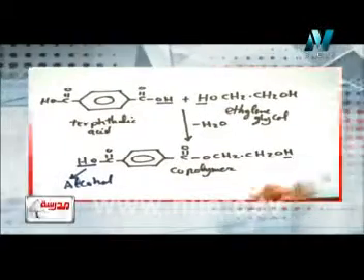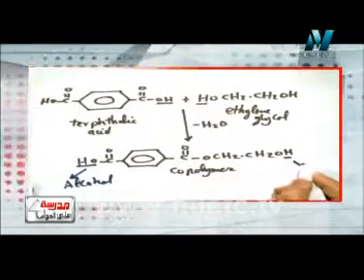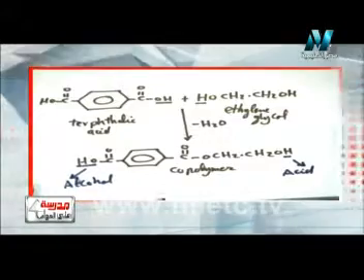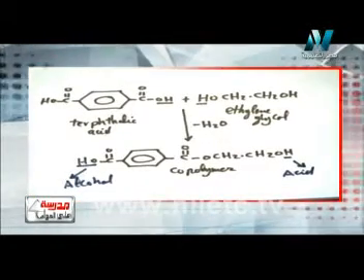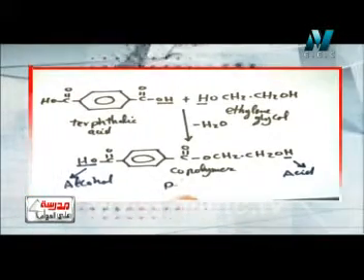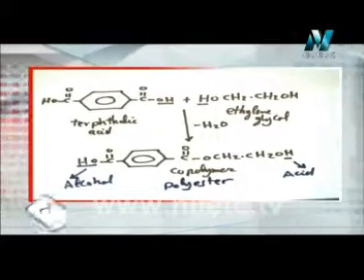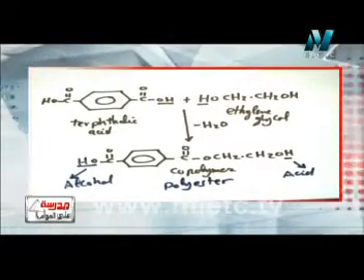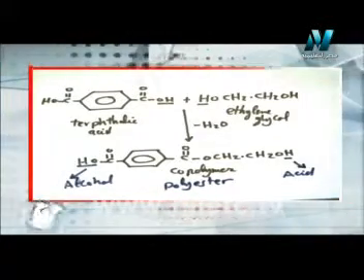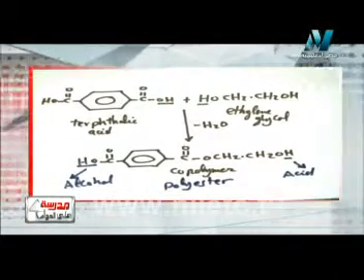And from the other side, the H of the alcohol can be attached to the acid. So this action can be continued to give polyester. The reaction between acid and alcohol gives the ester, and when this reaction goes on until a large number of molecules are combined together, it is called polyester.